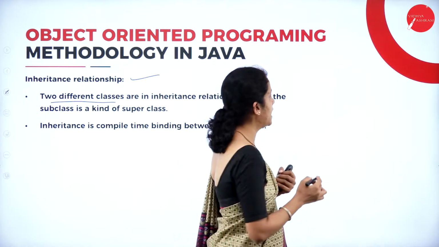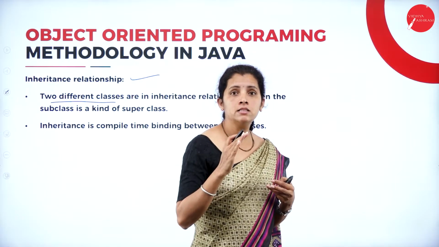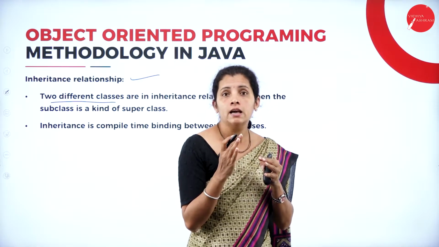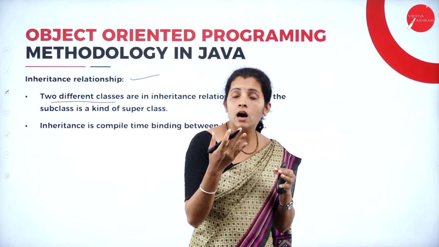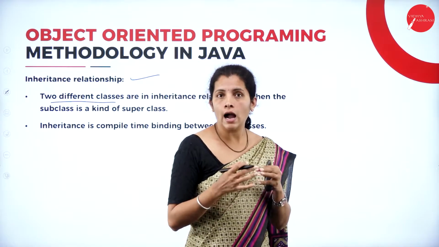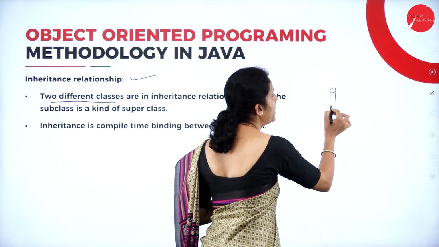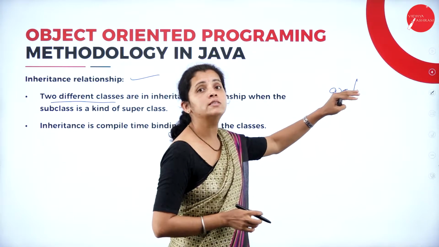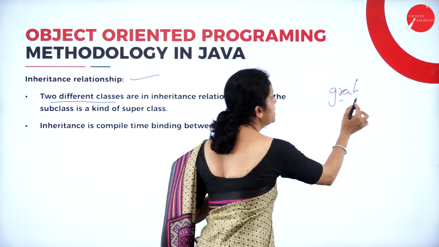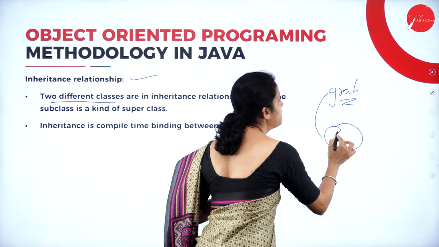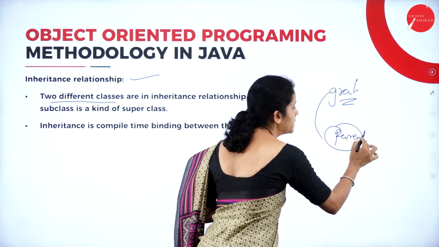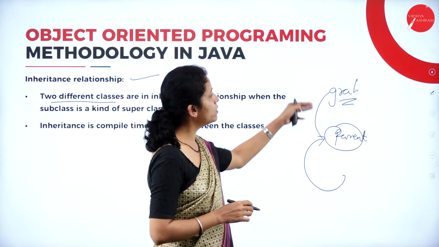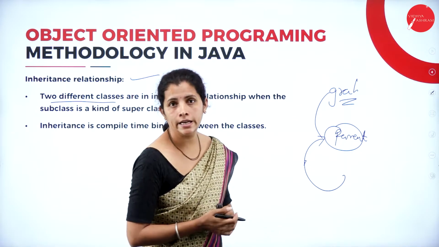For example, if my parents own some property, then automatically I can inherit or acquire that property. And if my grandfather owns some property, then that same property is acquired by my parents, and I can acquire that property. This kind of relationship is called inheritance.